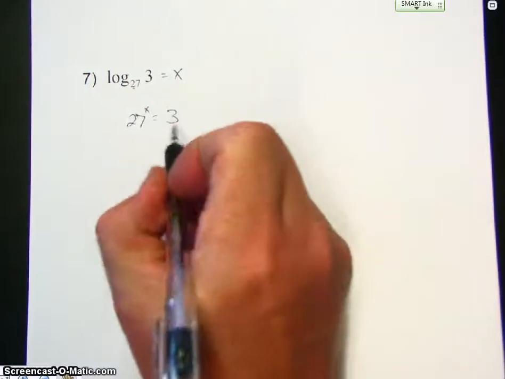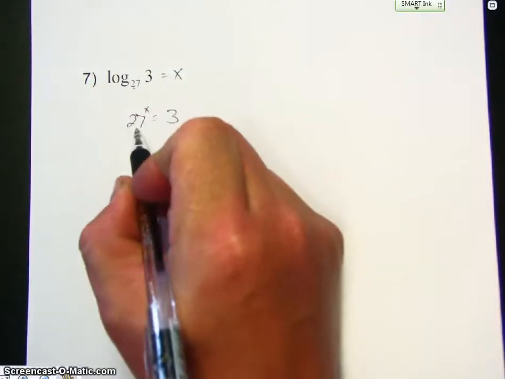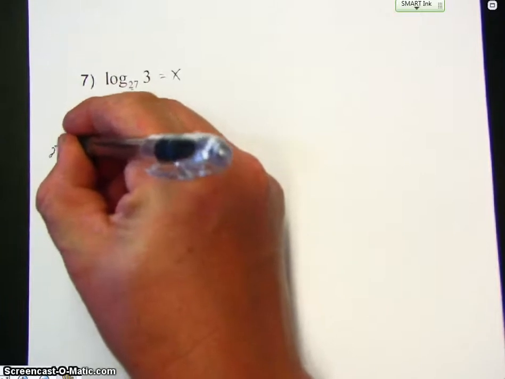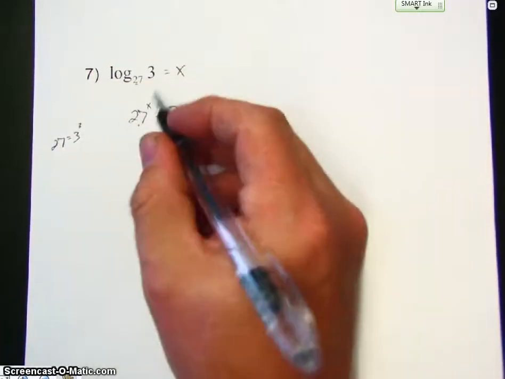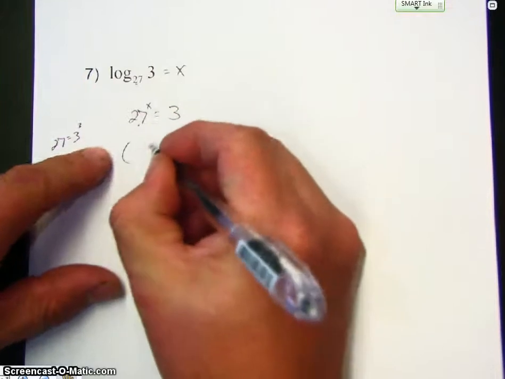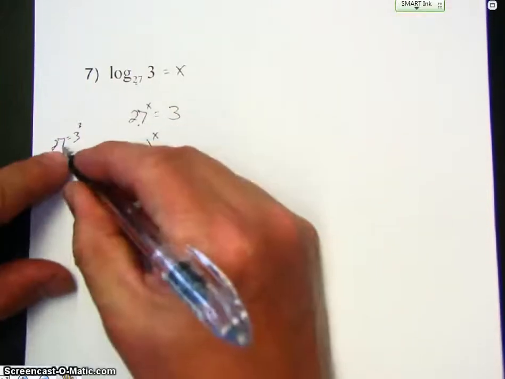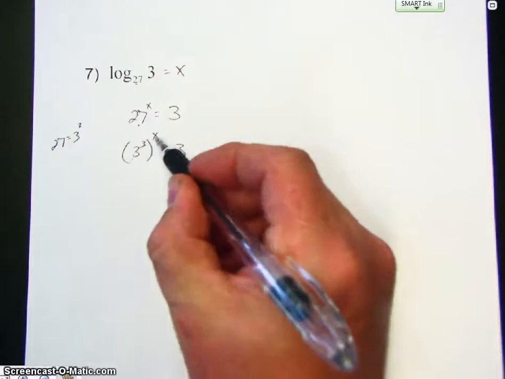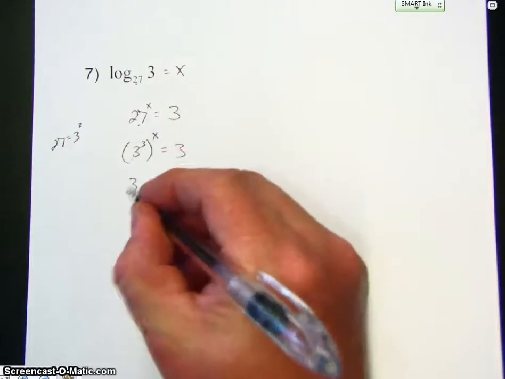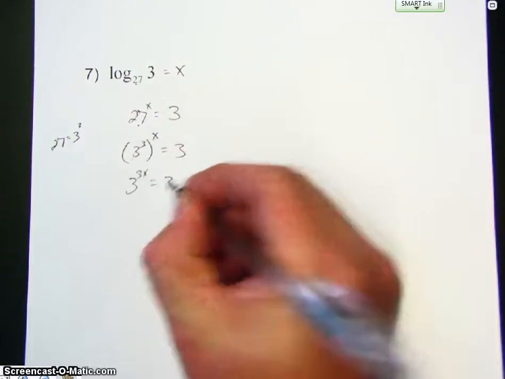All right, so we can rewrite this 27. 27 is what, 3 to the 3rd? So I'm going to rewrite this 27 as 3 cubed. Now power to a power means you multiply, so it's 3 to the 3x is equal to 3.